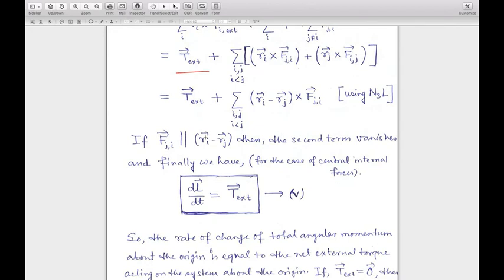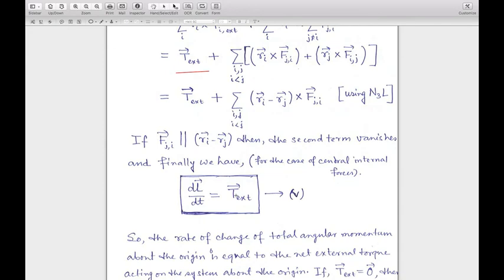One easier way to say it is that if this force is parallel to this one, that means if the action-reaction forces between the ith and jth particle are acting along the line joining these two particles, that means they are central in nature, then only can you say definitively that this vanishes.